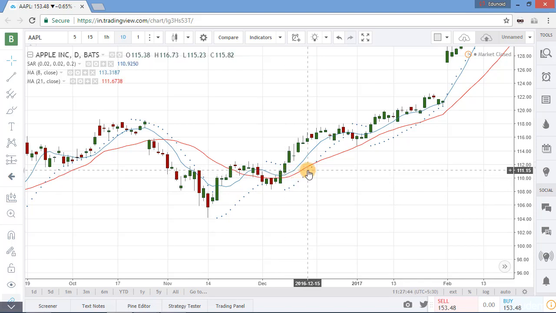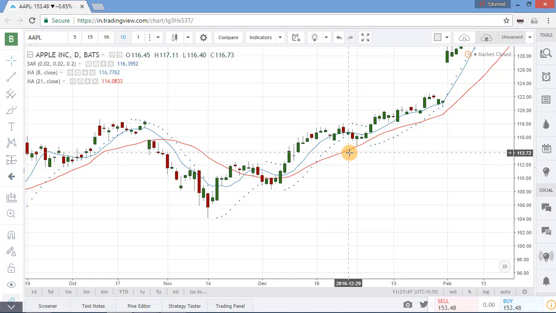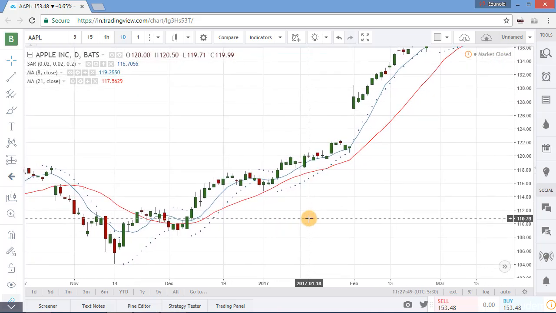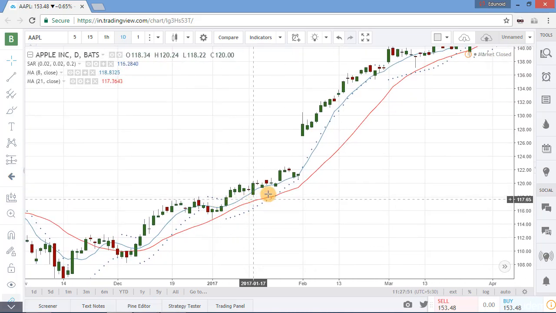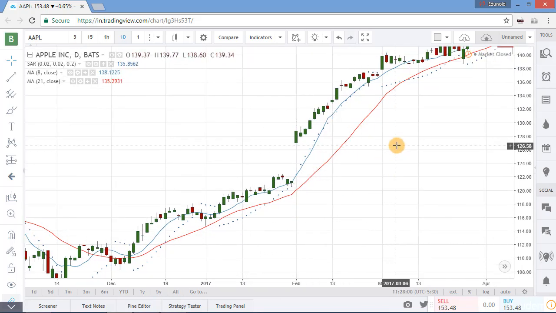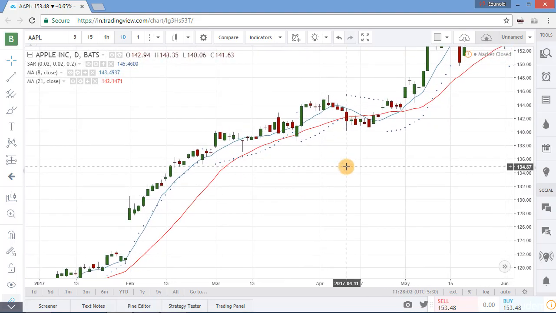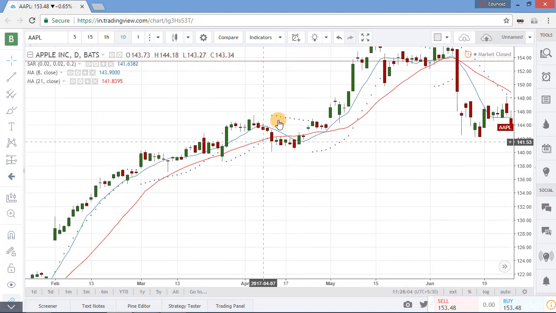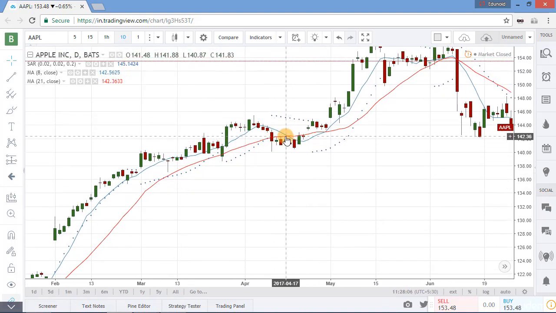So we hold our long position. As long as this blue line is above this red line, we can hold our long position. And here we are getting an exit signal. Also we are getting the bearish dots, so we will exit from our long position here.